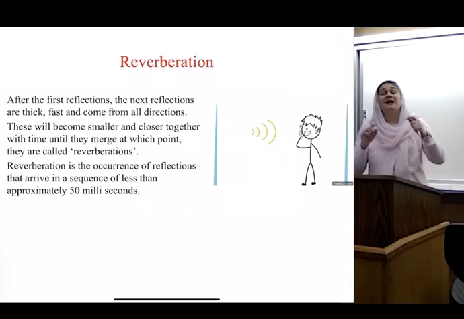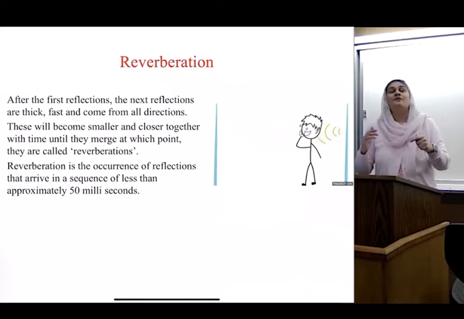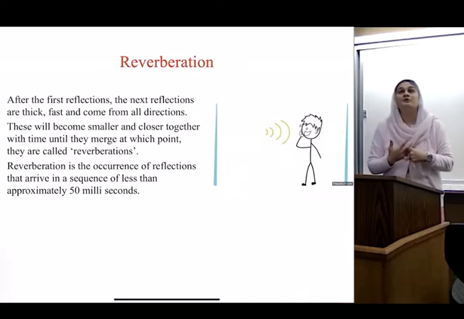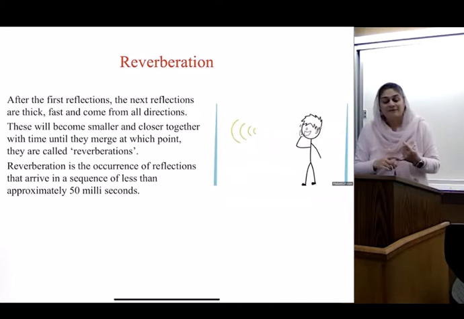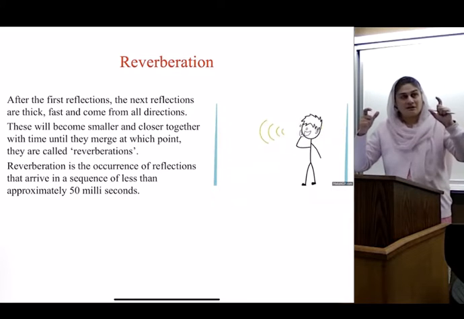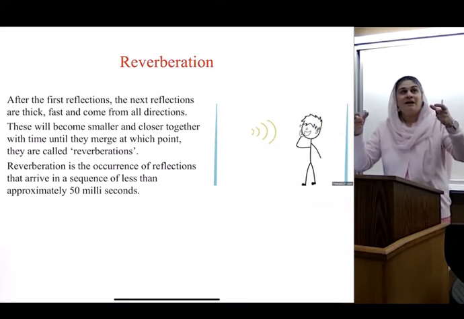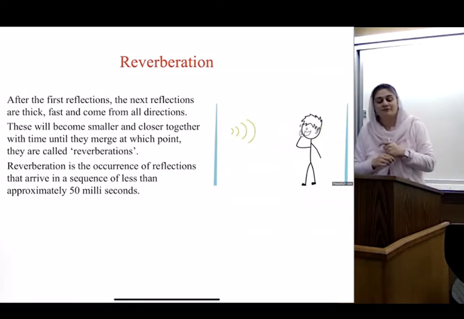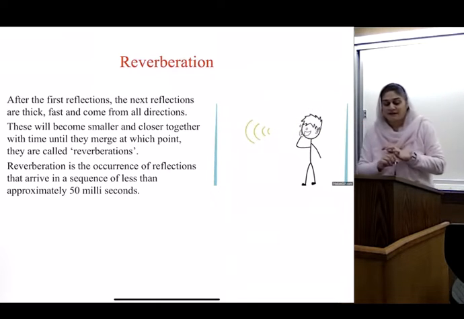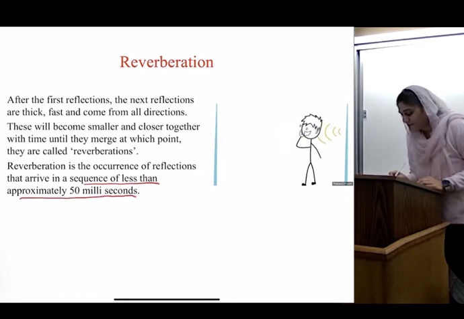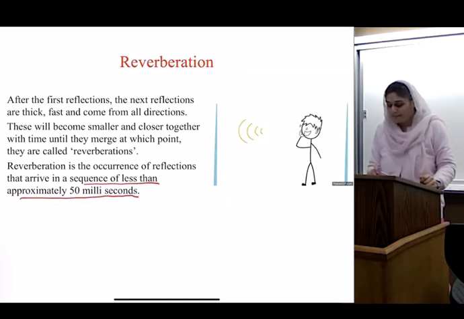Another thing that happens is after the early sound, there are other sounds that are reaching you, and those are called reverberations. So after the first reflection, the next reflections are fast and smaller, and they reverberate into the air, and those are called reverberations. And the reverberations are reflections that occur in sequence of less than 50 milliseconds, so very, very tiny.